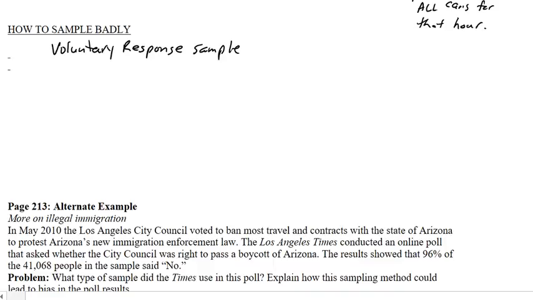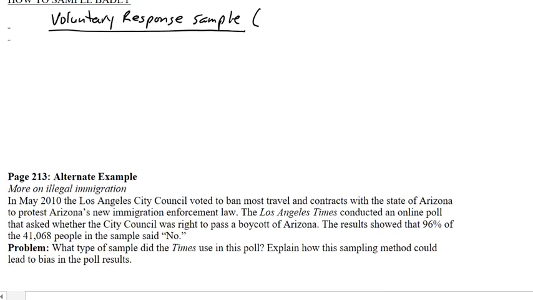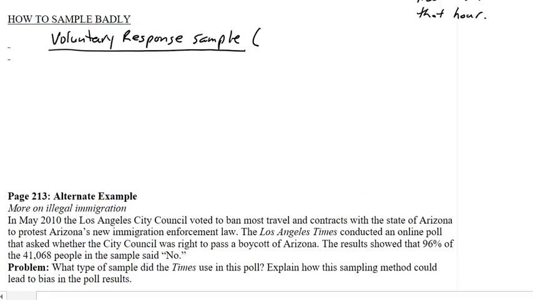And there are more examples of this other than online ones, but almost all online polls are this way. I would say all, because it probably is all, but you hate to be that sure of yourself.